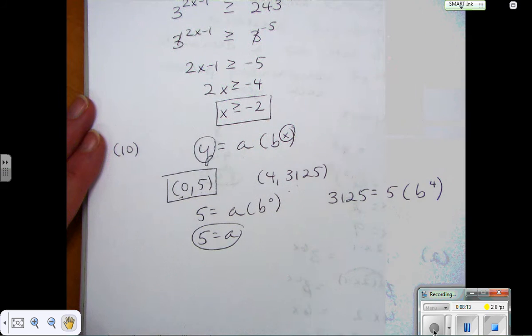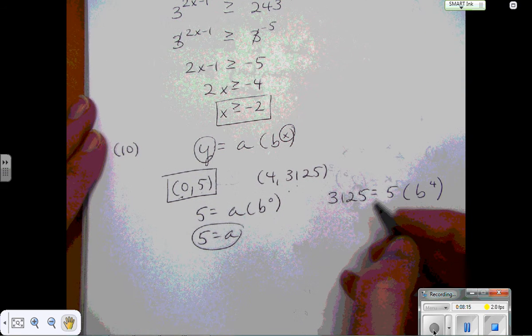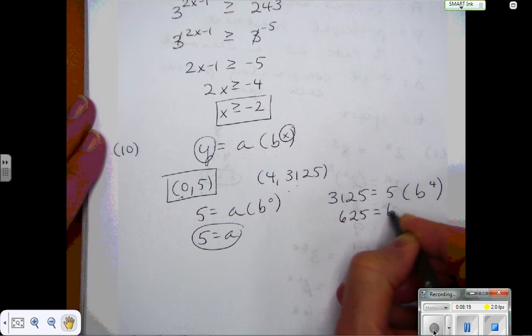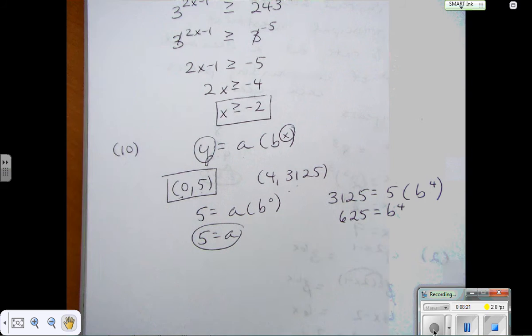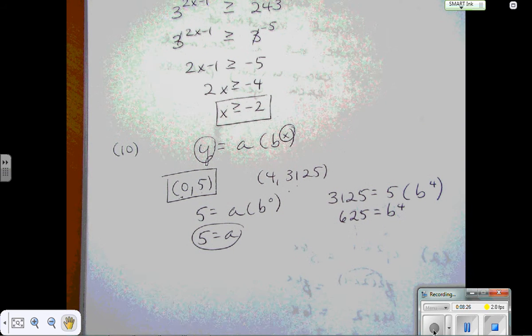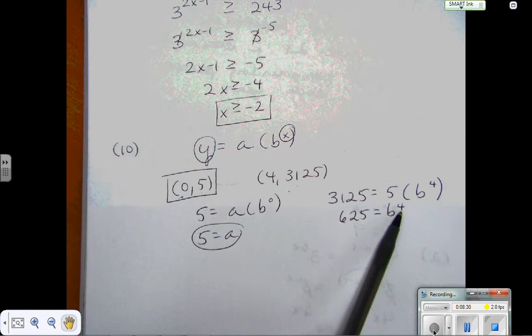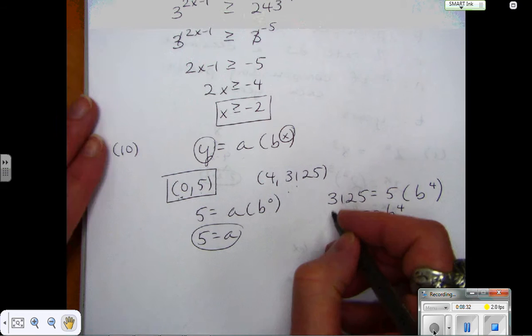So I want to divide by 5 first. And then what's my next step to solve for b? What's the opposite of an exponent? The root. Right. The exponent here is 4, so that means I want to take the 4th root of both sides.